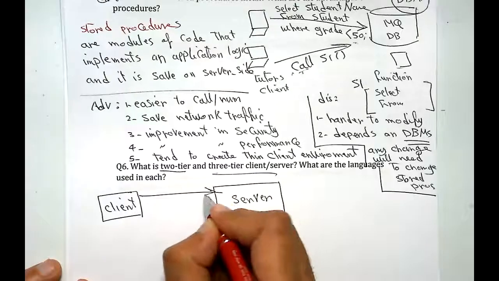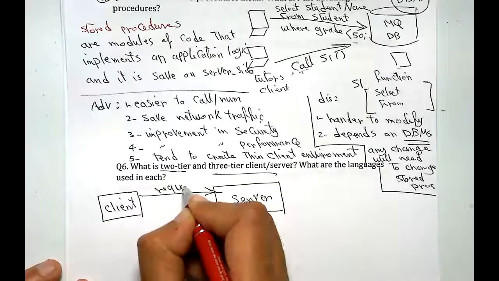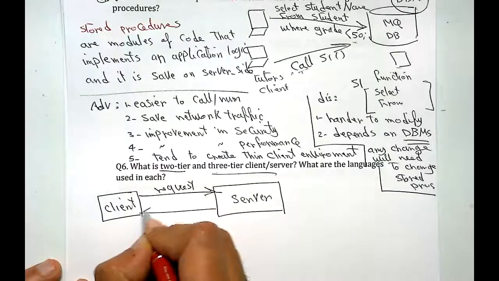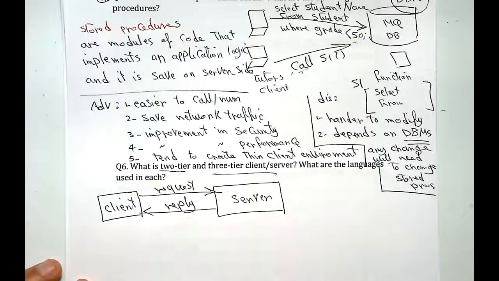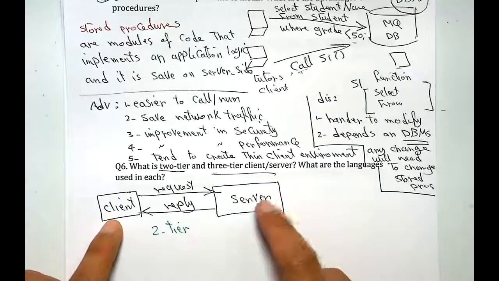The client sends requests to the server, and the server sends a reply. This is called 2-tier client-server, because I have only the client and the server.